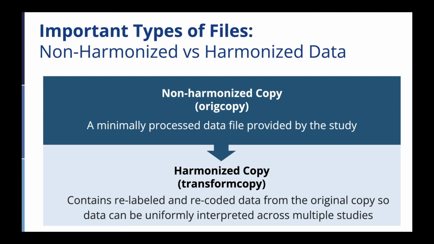During the harmonization process, data is relabeled and recoded in a uniform way, so that no matter what format and encoding was used for the original study data, the data presented in the transform copy file is uniform across all different studies.